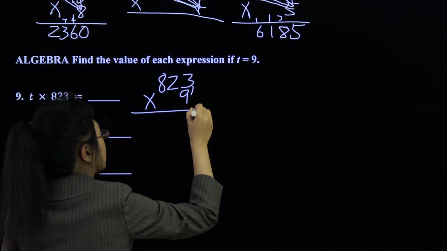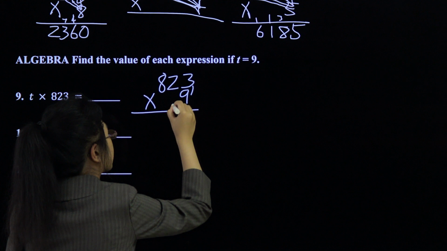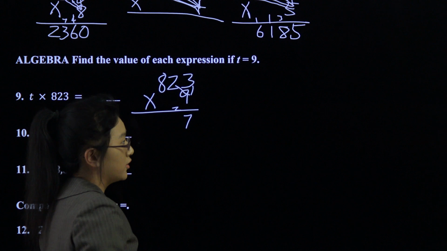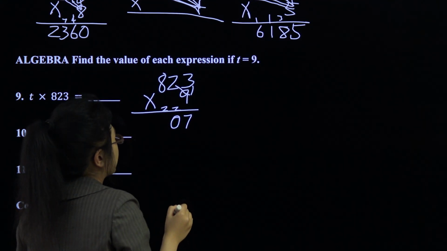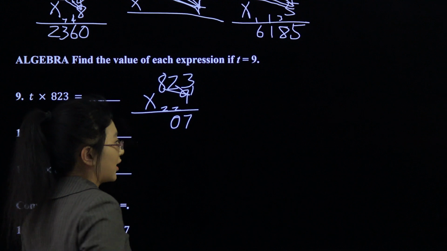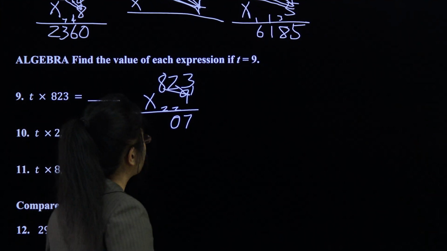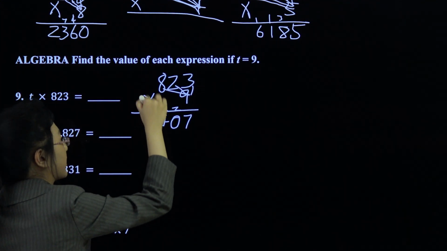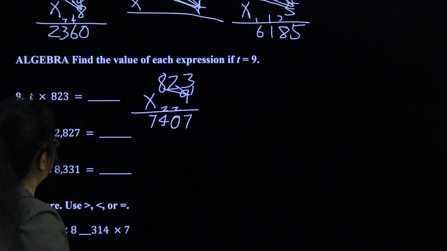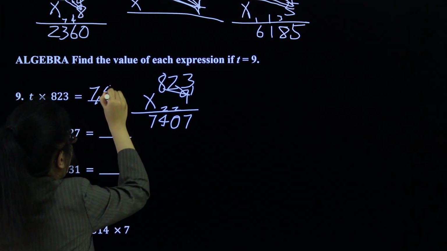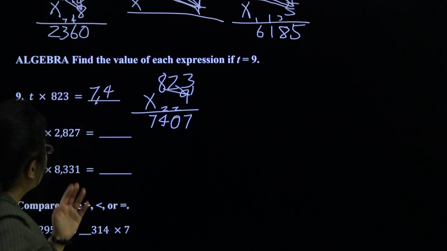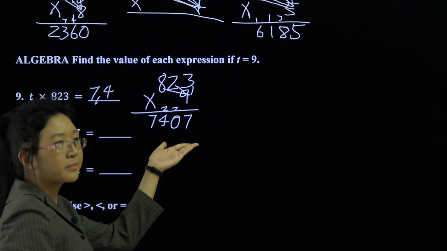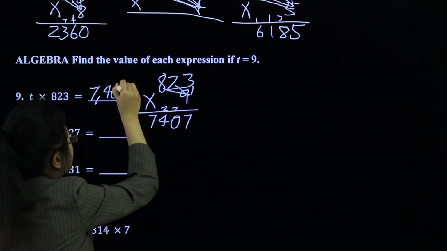Ones place, 9 times 3, 27, and then tens place, 9 times 2, 18, 18 plus 2, 20, and then you regroup. 9 times 8 is 72, 72 plus the regrouped 2 is 74, and well, there's nothing in the thousands place, so you just drag the 7 down, and you end up with the answer that t times 823 is 7,407.